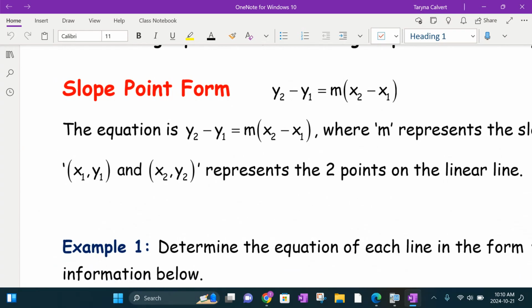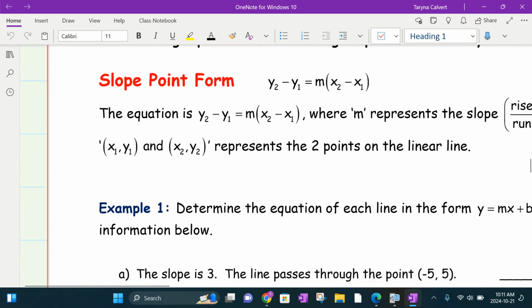Depending on the information you're given, sometimes you might want to use the slope formula and sometimes y equals mx plus b. But I won't specify how to write the equation of the line. You can use whichever technique you like.